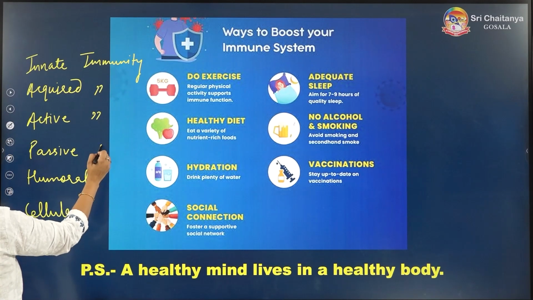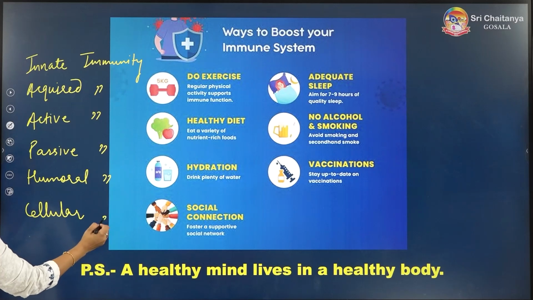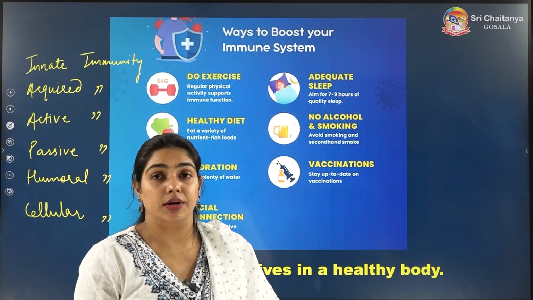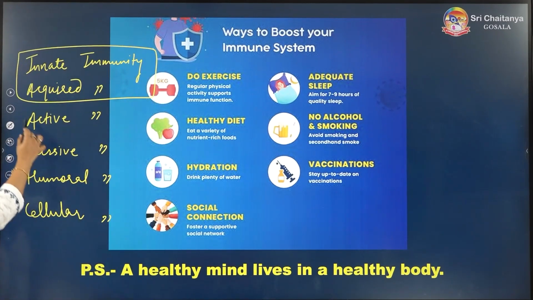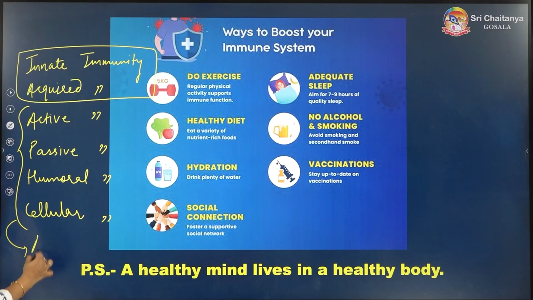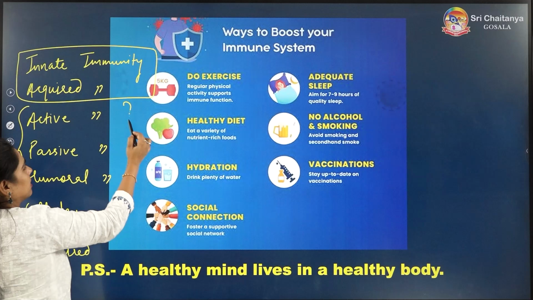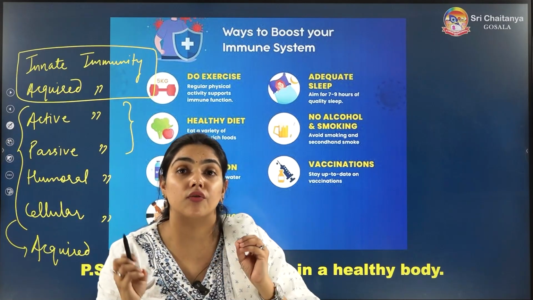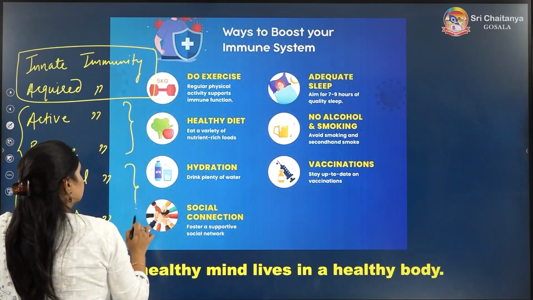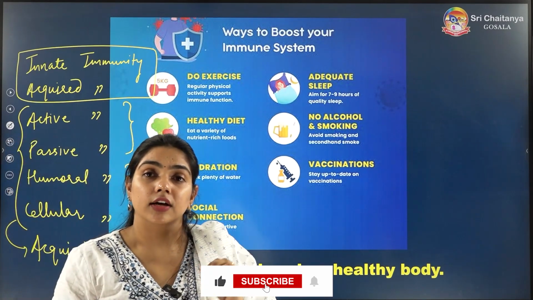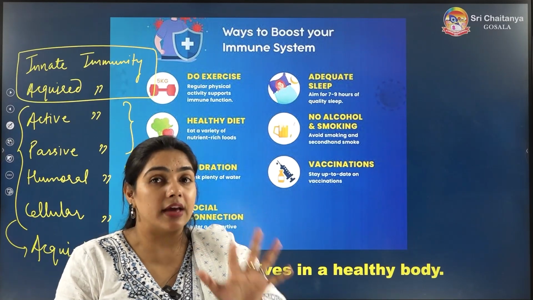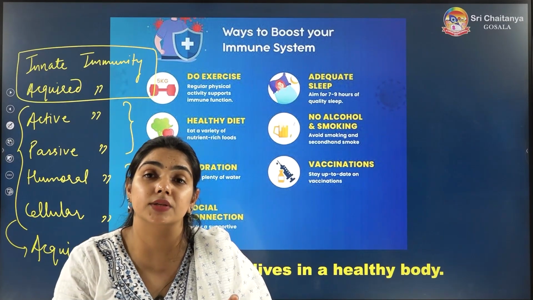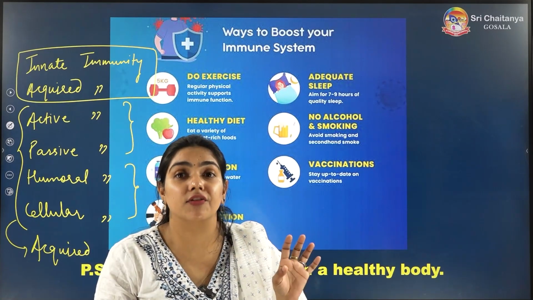Innate and acquired are the first two types of immunity. Then all these other types are the types of acquired immunity. They have different bases. Active and passive are on the basis of participation of the host. Humoral and cellular are on the basis of which lymphocytes are involved in providing the immunity. So it is a very easy concept. It is a critical concept. If you have understood it once, you can never forget.